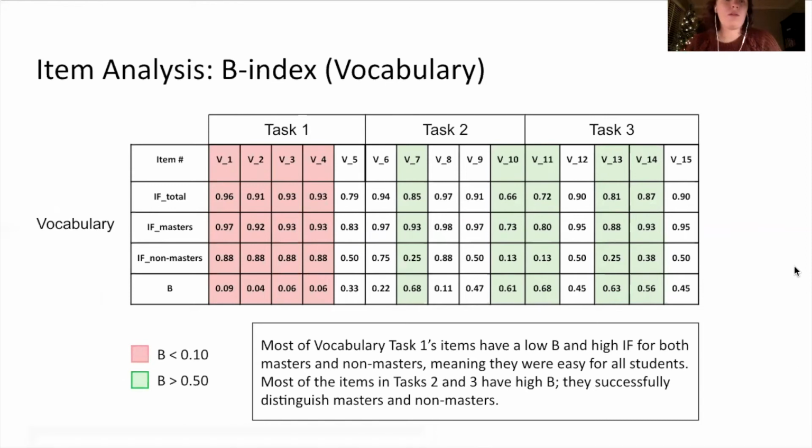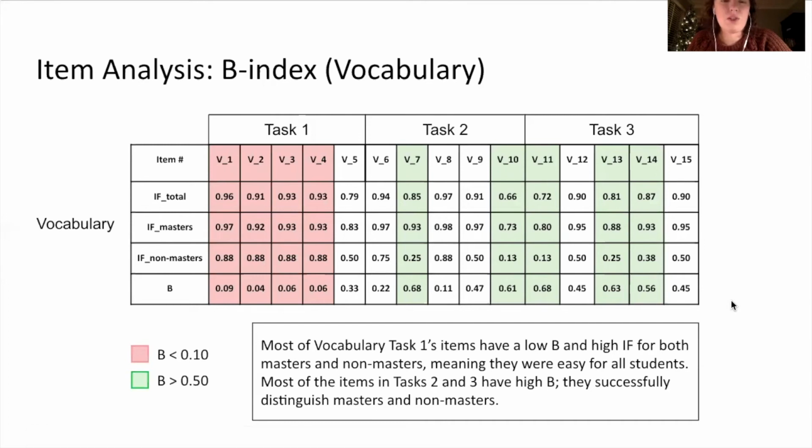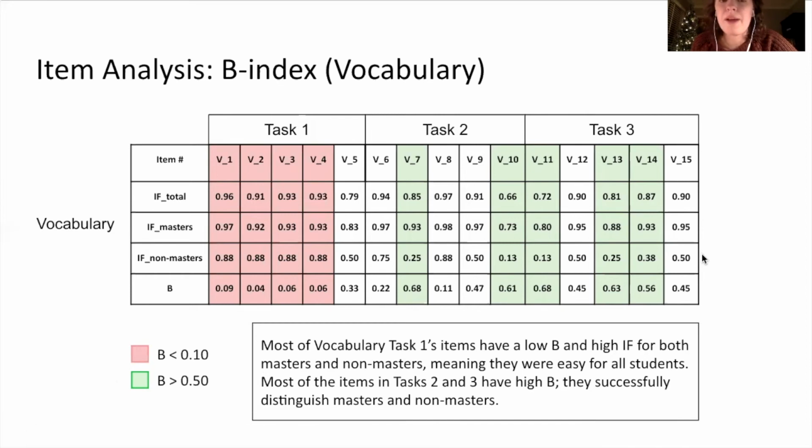As we went through our item analysis, we found that a lot of our tasks did a really good job of distinguishing between the masters, those who were above the cut score, and the non-masters, those who weren't. Especially in our vocabulary here in tasks 2 and 3, the ones highlighted in green have a B index of above 0.5, so they do a really good job distinguishing between the masters and non-masters.